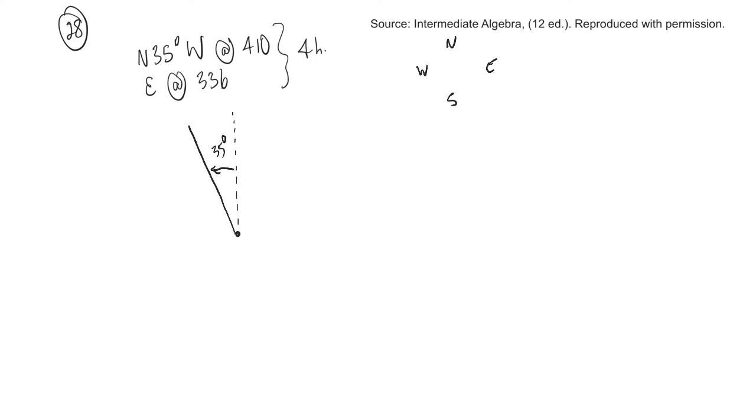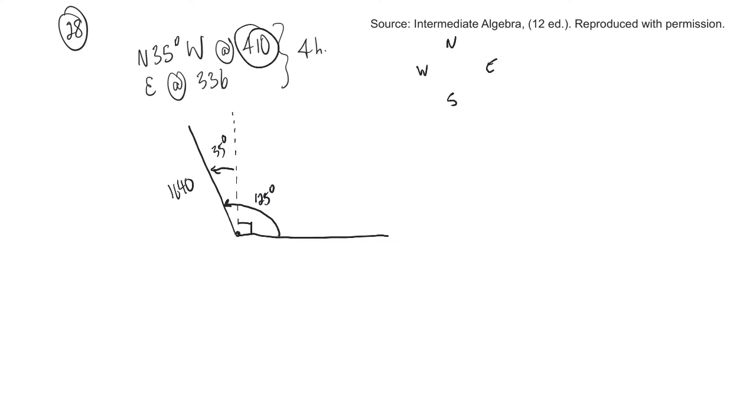Then they say somebody else is going east, directly east. So really I need to know what that whole angle is. I know this part's 90, and then I've got another 35. So that whole angle is going to be 125 degrees. Okay, so this one goes 410 for 4 hours, so that'd be 1640.